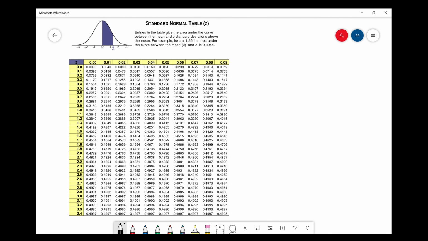Now, first we learn how to find the values of A of z, or it is also called phi of z.